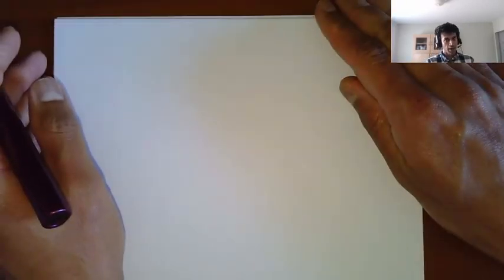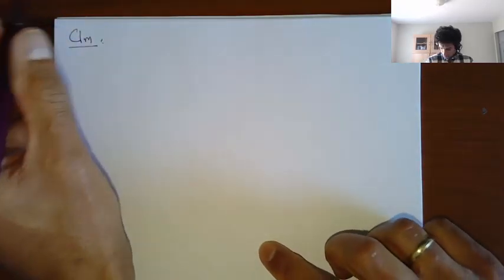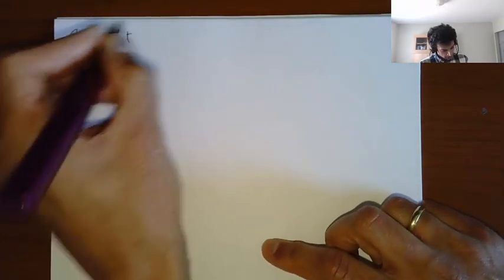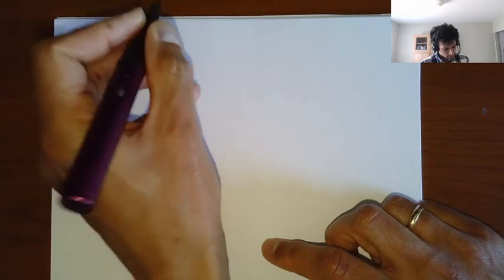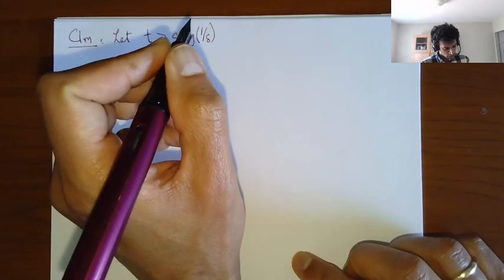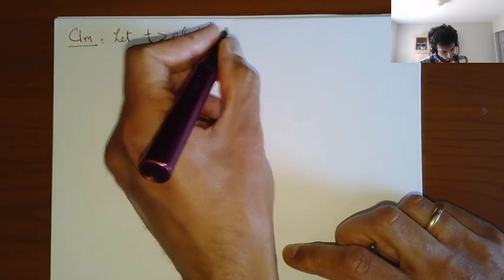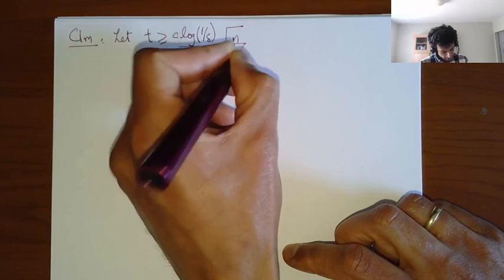Now, I'm going to state this as a formal claim. I'm not going to give the proof. And scribe, please work out the proof. So I'll just say that let t be greater than or equal to some c times log 1 over delta divided by epsilon squared, times n divided by epsilon d prime.